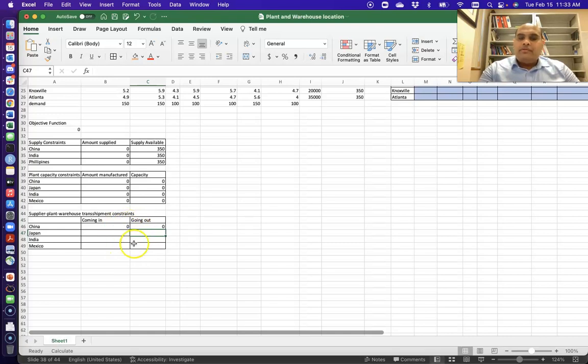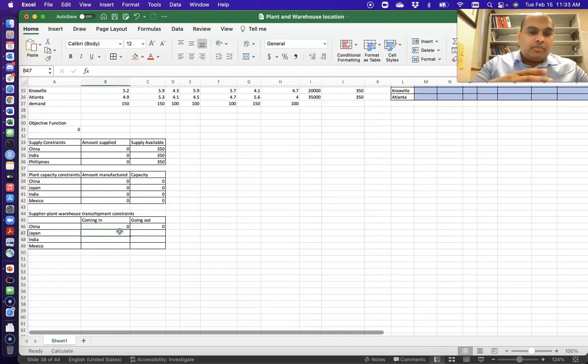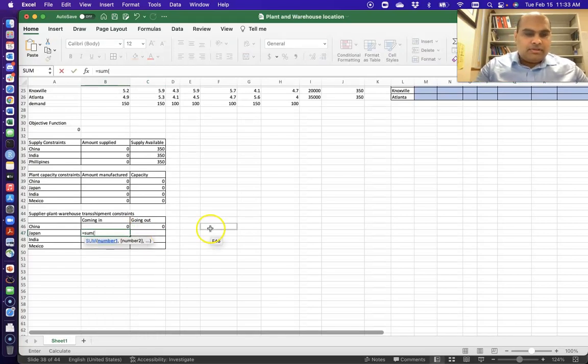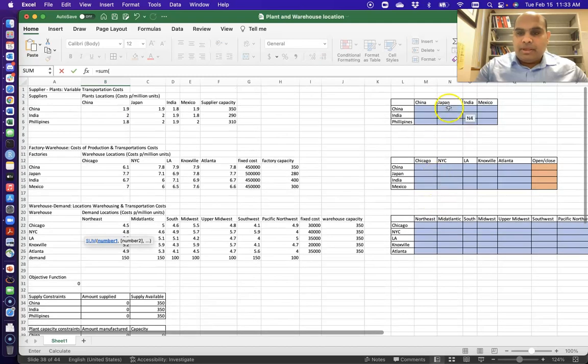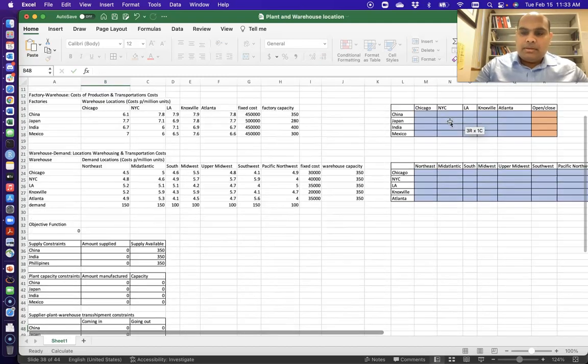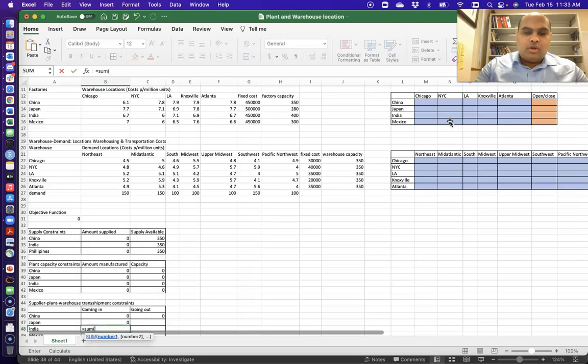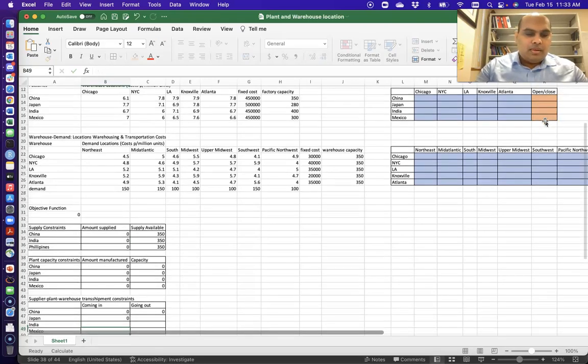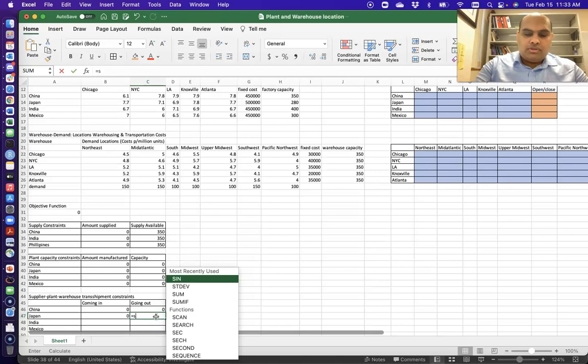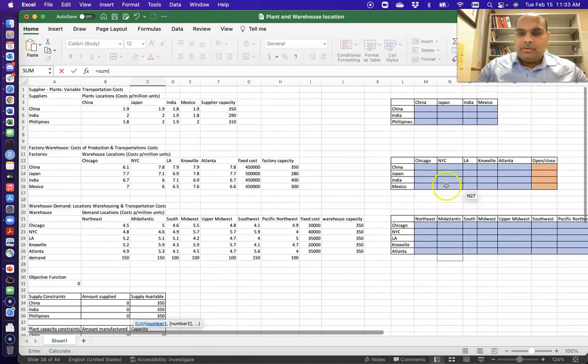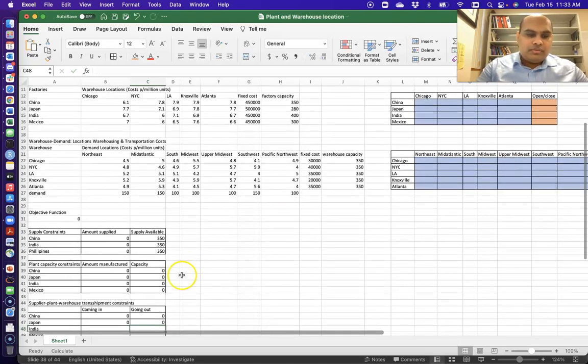Now, whenever we write transshipment constraints, we're going to have to write both sides for all of them. We cannot just copy the formulas down. That's just the way it works, because some of them are rows and some of them are columns. So, right. Let's write this again. So sum of everything coming in to the Japanese plant should be equal to the sum of everything going out of the Japanese plant to the different warehouse locations.